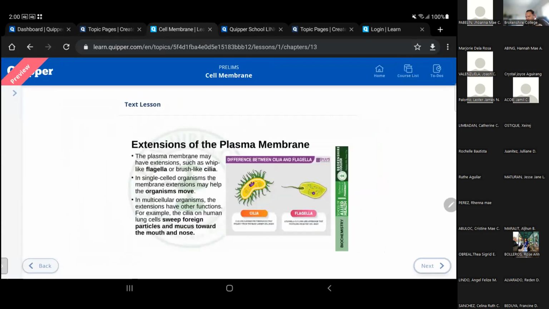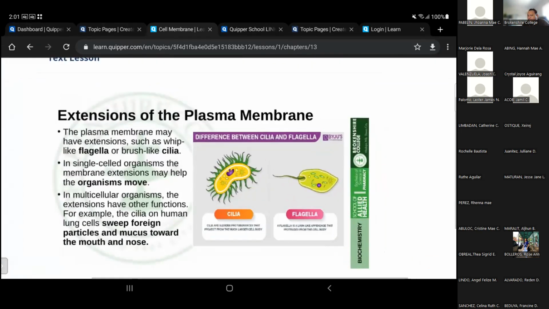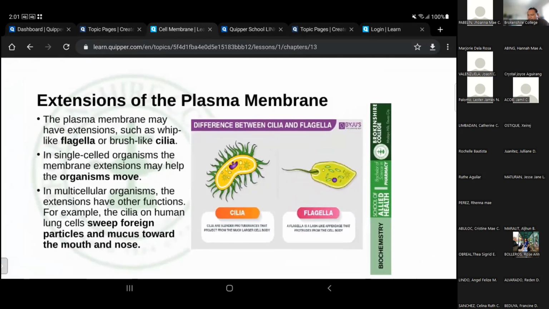Okay. And then, since we're talking about the parts of the plasma membrane, aside from the phospholipid bilayer, integral and peripheral proteins, we also have some extensions of the plasma membrane. So the plasma membrane may have extensions for motility or movement purposes.